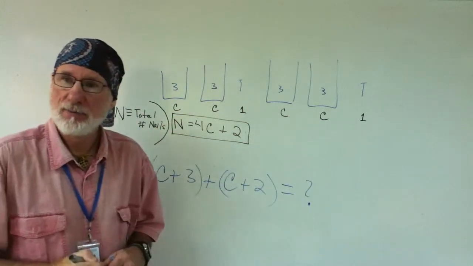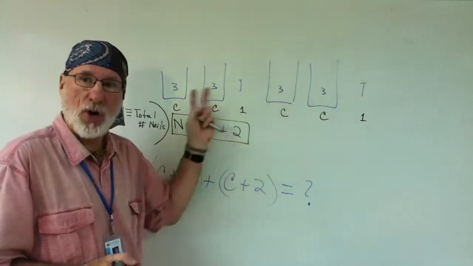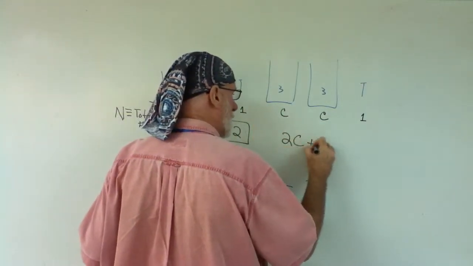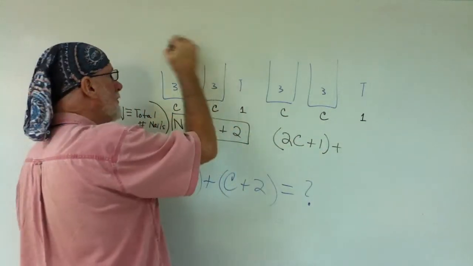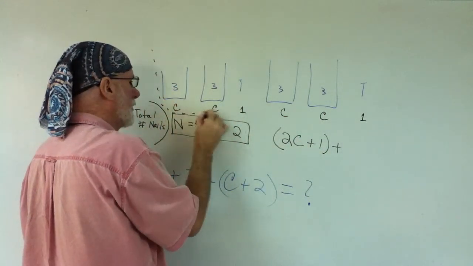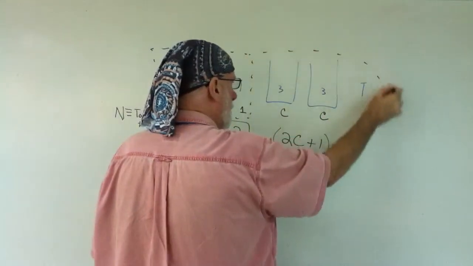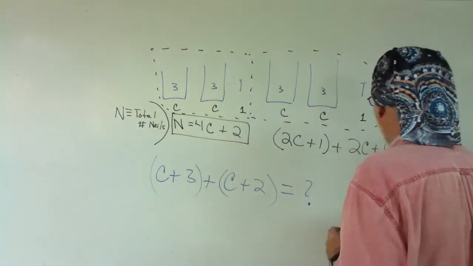Yes or no? Can I also say, I can break this down into parts, that I could say, this is 2C plus 1, right? Can I say that this is 2C plus 1?